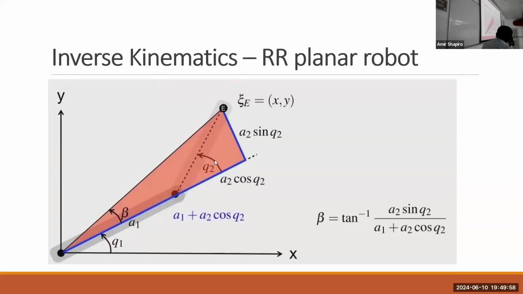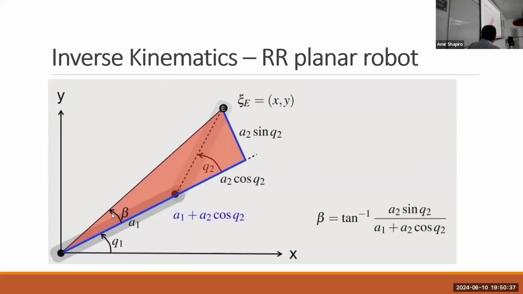We have cosine Q2, and this is A2 sine Q2, so we have this as well. So the whole distance here is A1 plus A2 cosine Q2, and this is A2 sine Q2. So beta will be the arctangent of the sine divided by the cosine here, as you can see. So we can find beta.